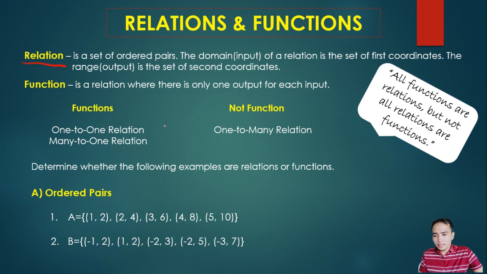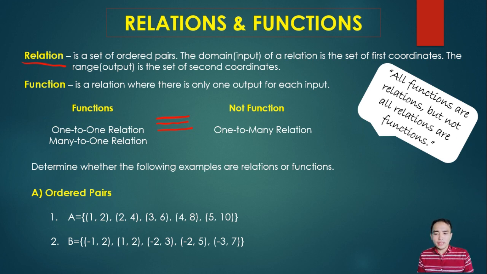Okay? So, pag sinabi nating one-to-one relation, ibig sabihin, sa bawat isang input, merong isang output. So, ganito yung magiging itsura niya. Sa bawat input natin, merong kaakibat na isang output.